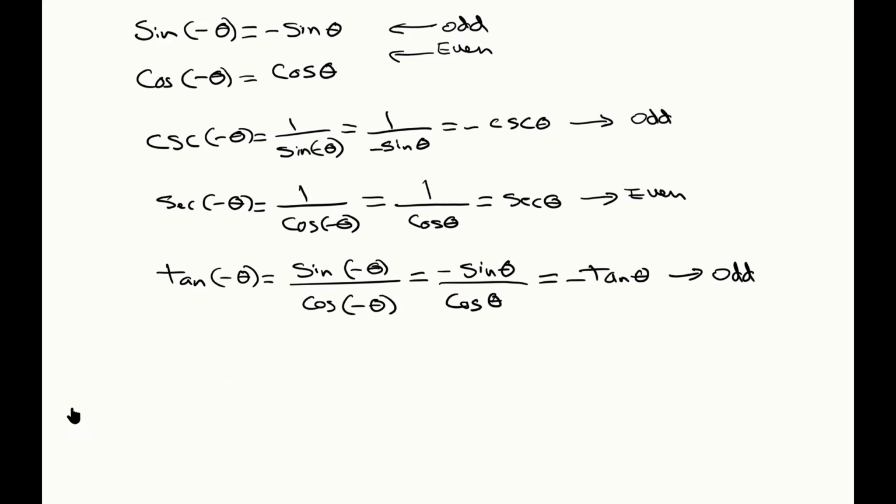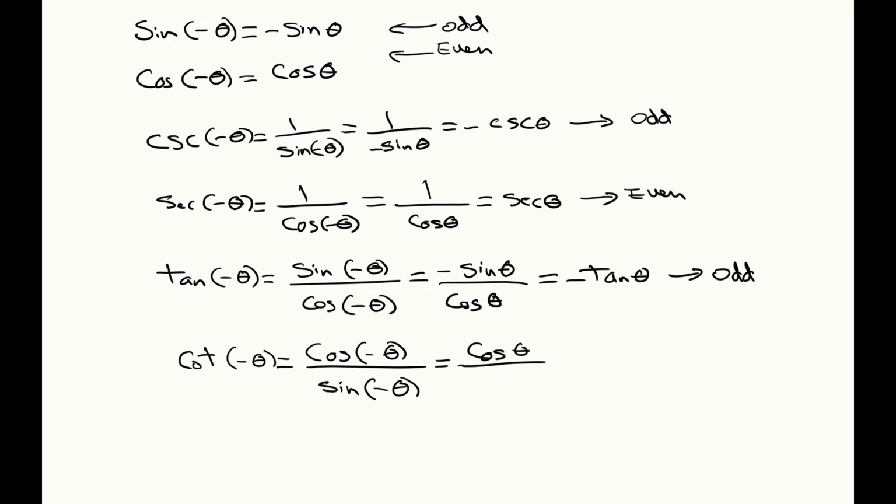And finally, for the cotangent of negative theta, we know that's the cosine of negative theta over the sine of negative theta, which is going to be the cosine of theta, because the cosine function is even, over negative sine theta, because again the sine function is odd.